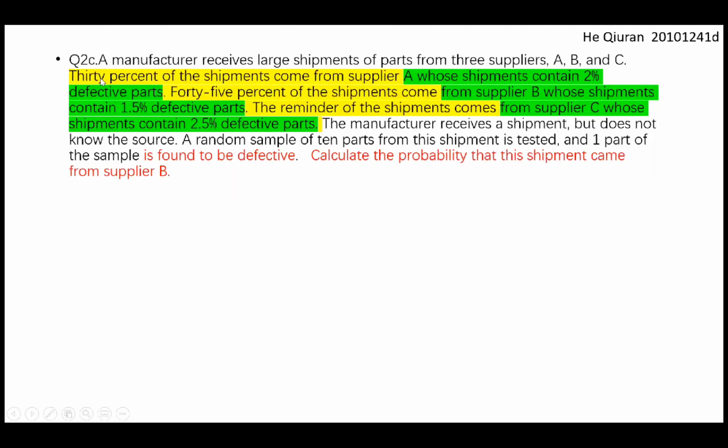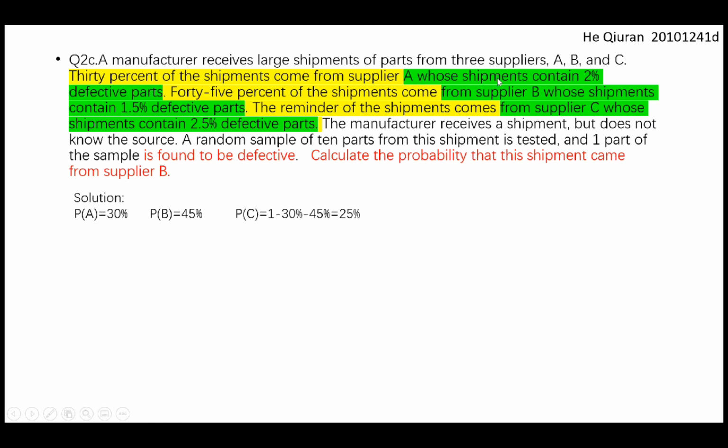From the text, we can know that 30% of the shipments come from supplier A and 45% come from B. So the percentage of the shipments from C equals 100% minus 30% minus 45%, which equals 25%.